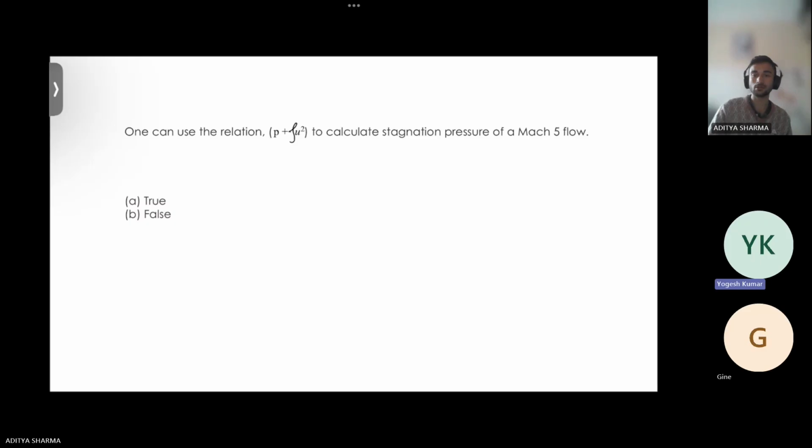Anyway, Mach number is equal to u by a. No, it's not from that perspective. It's from the perspective of whether this whole value corresponds to the stagnation pressure when the Mach is 5.